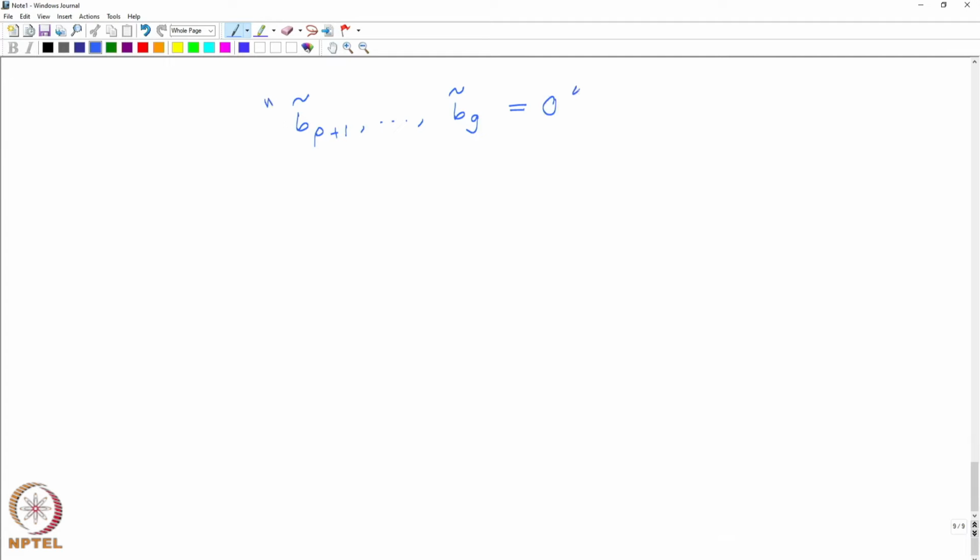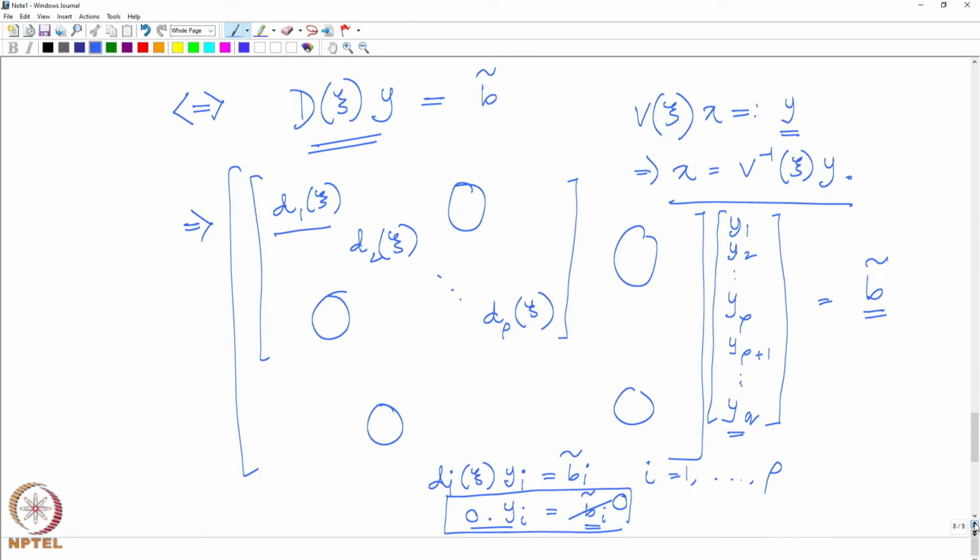Then and only then such a solution exists. But does the condition that we have imply that this is true? On the other hand, let me rephrase: such a solution exists if and only if the right hand side is 0 for all these equations starting from rho plus 1 onwards.